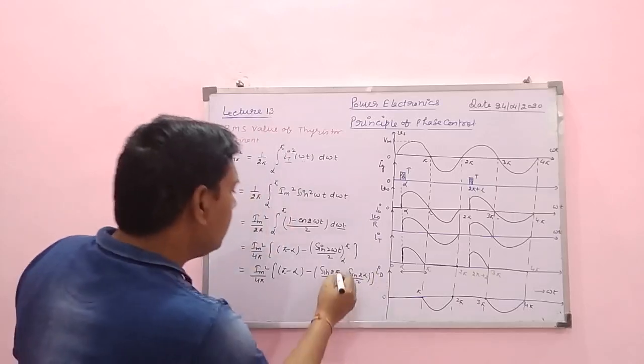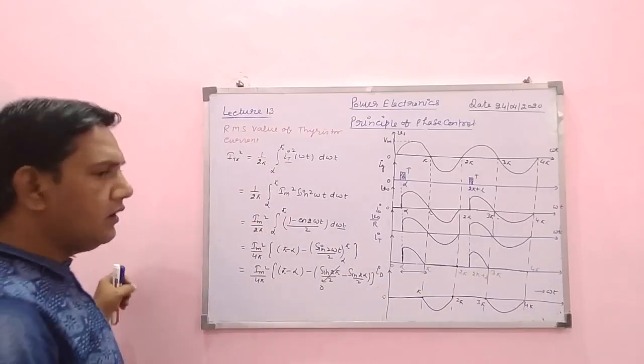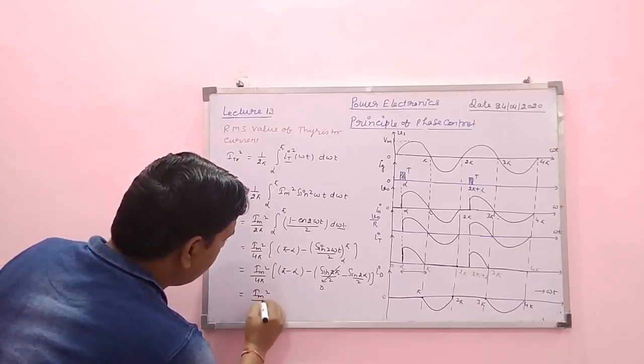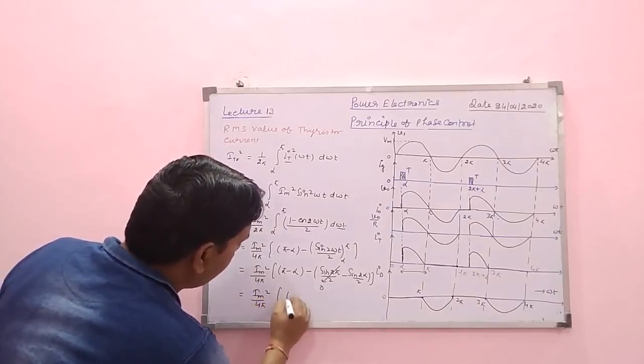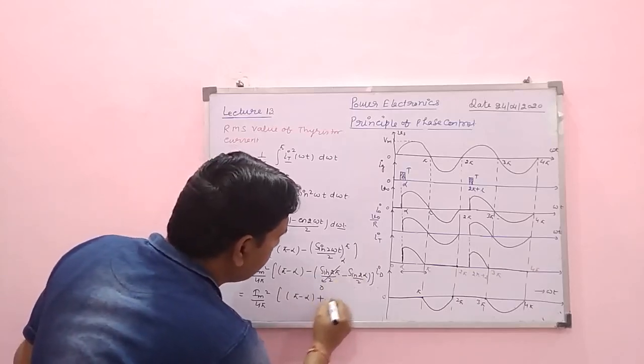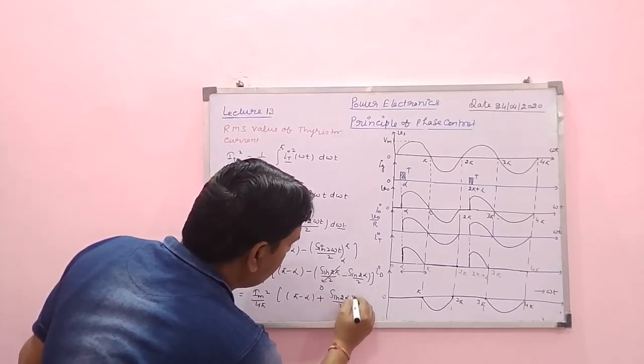Sin 2 pi is 0 because sin n pi is 0 for any value of n. So it will be Im square upon 4 pi into pi minus alpha, plus sin 2 alpha upon 2.